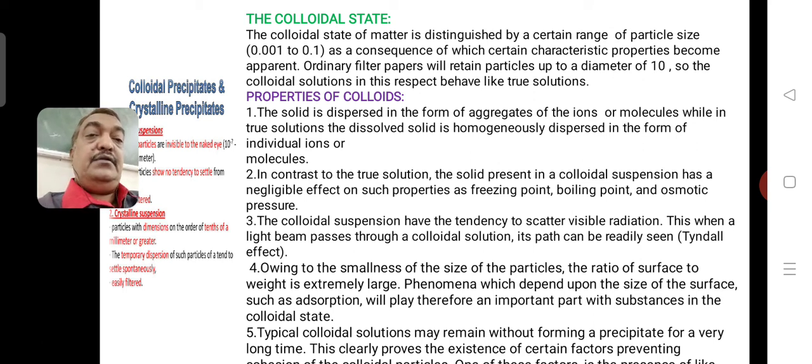Then the colloidal particles are to be converted into crystalline particles either by a heating process or by adding some chemical reagent. Whatever reagent is added for a reaction should not harm the precipitate. There should not be any side reaction for that. So, the colloidal particle is one of the important stages during precipitation.